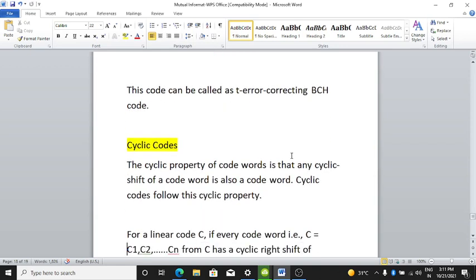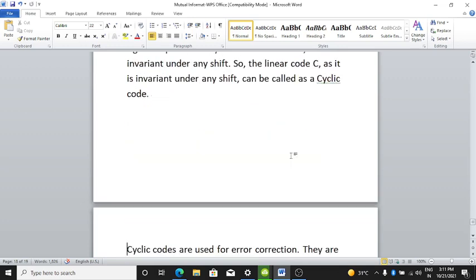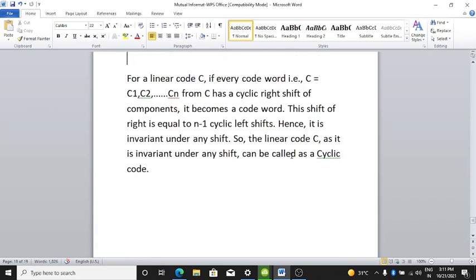Okay. Cyclic code. The cyclic property of a code word is that any cyclic shift of a code word is also a code word. Cyclic codes follow this cyclic property. For a linear code C, if every code word, that is C equals C1, C2 up to Cn, from C has a cyclic right shift of components that becomes a code word.